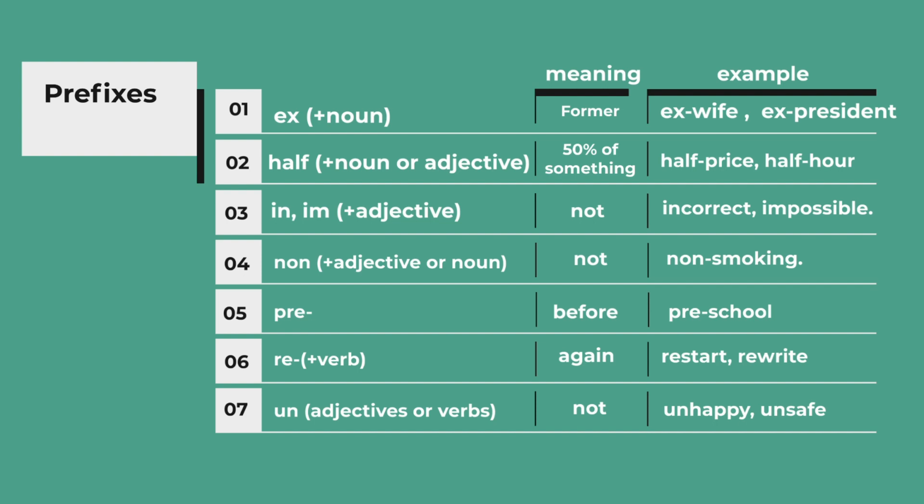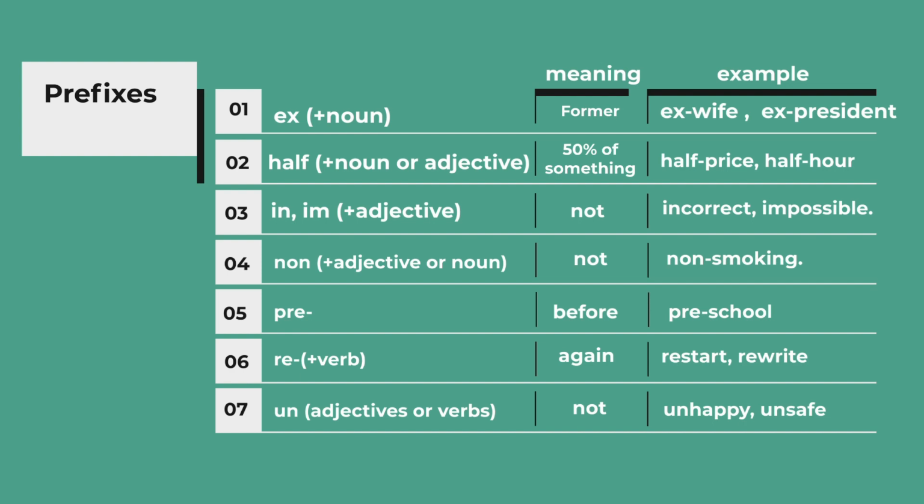For example, incorrect, impossible. The prefix non is usually used with adjectives or nouns and it means not. For example, non-smoking. The prefix pre means before. For example, preschool.